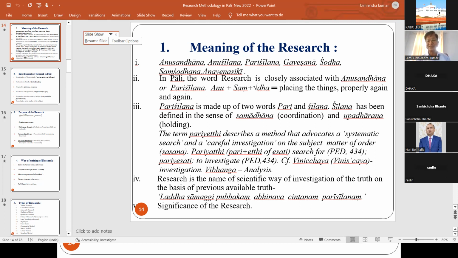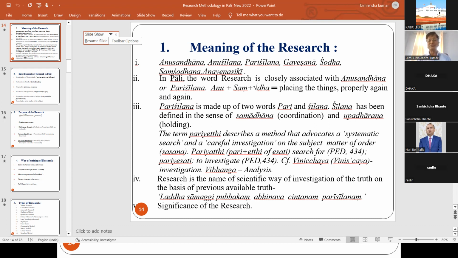In that sense, here Sodha is where you are analyzing any concepts or interpreting any terms in a different manner, making them understandable. This is called Sodha, which has come from the term Sodhana.